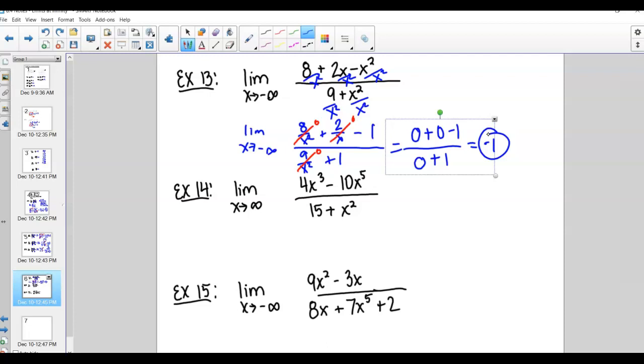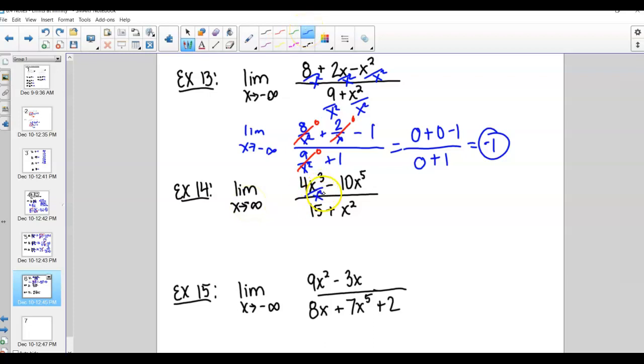Okay. For example 14, our highest exponent in the denominator is a 2 here. And actually, I'm going to change this so this is a negative infinity. So fix that there.